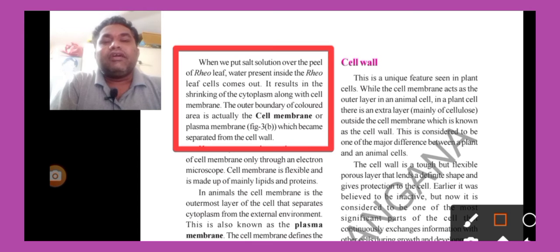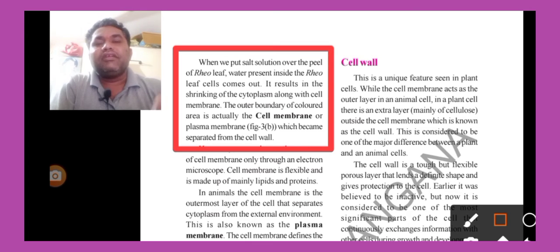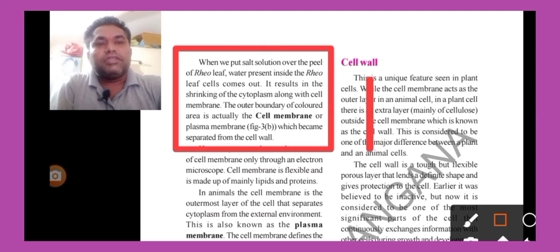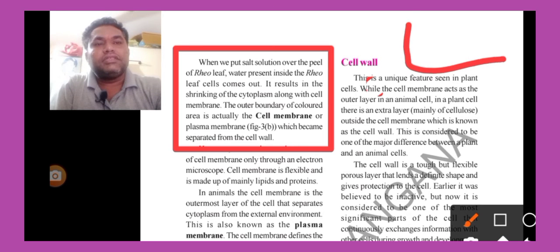So whenever we keep a cell in a salt solution, for example, imagine this is a petri dish, and I will clearly show you. Imagine this is salt water.